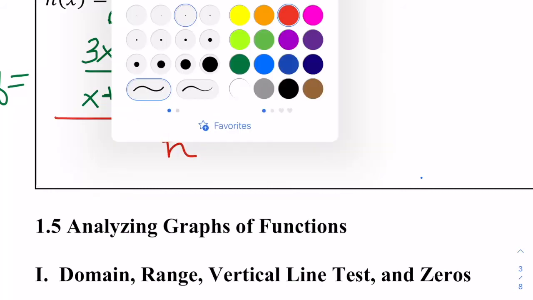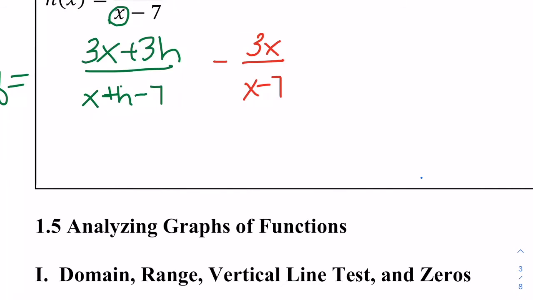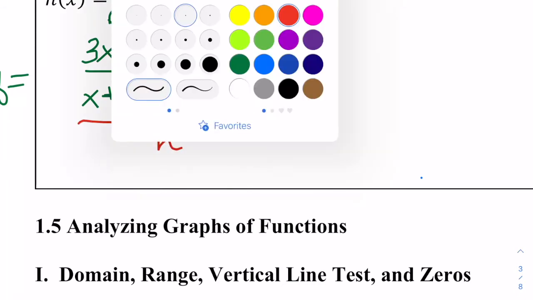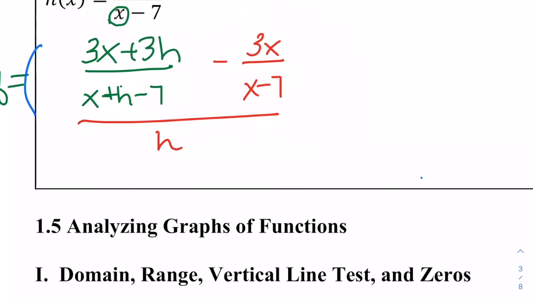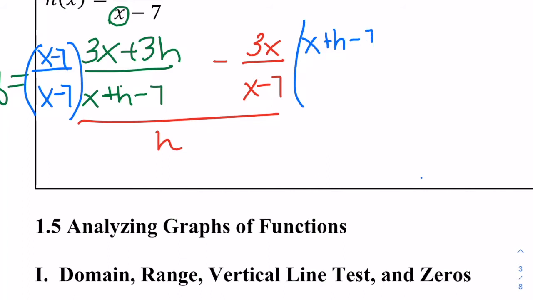Now this is where it gets tricky because I actually have to multiply by the LCD. So when I look at the first fraction, I'm going to have to multiply that by x minus 7 over x minus 7, and I'll multiply the second fraction by x plus h minus 7 over x plus h minus 7.